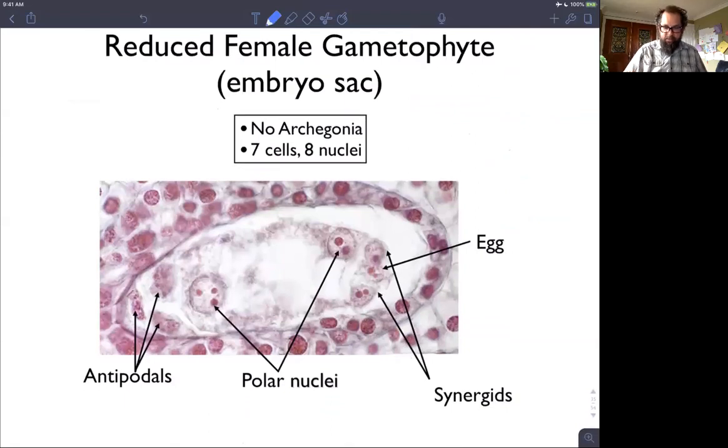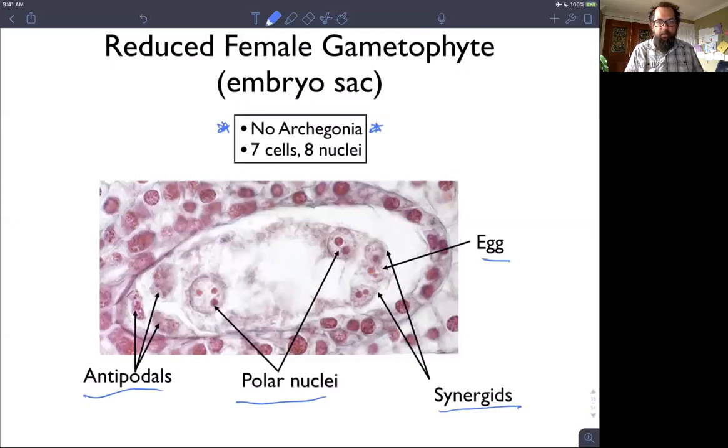A key to this is that these are very reduced female gametophytes. This is the first place where we see no archegonia. So the egg is not contained in an archegonium, but rather we end up with the egg cell, two cells that we call synergids, two polar nuclei that become important in just a minute, and then three cells on one end of the embryo sac called the antipodals.